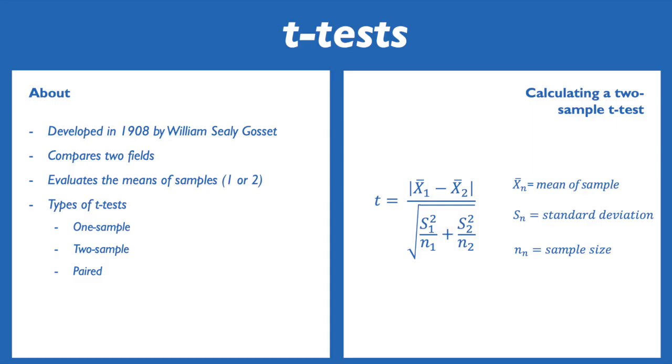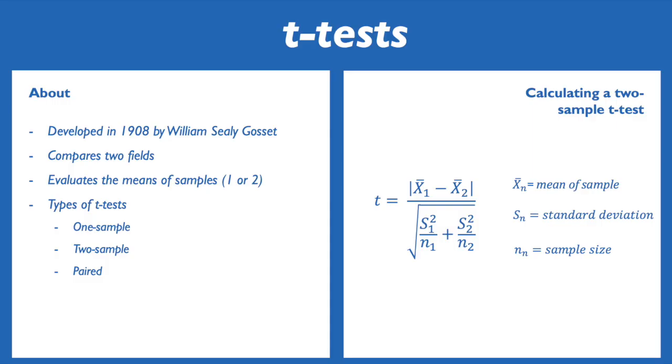So there are 3 types of t-tests as listed. There is the 1 sample t-test, the 2 sample t-test, and the paired t-test. And so on the right here, this is how to calculate a 2 sample t-test.